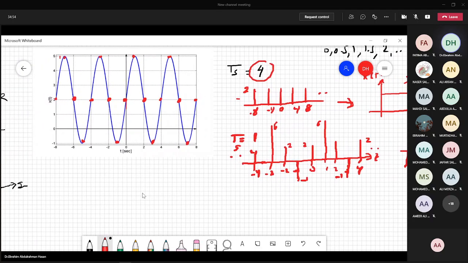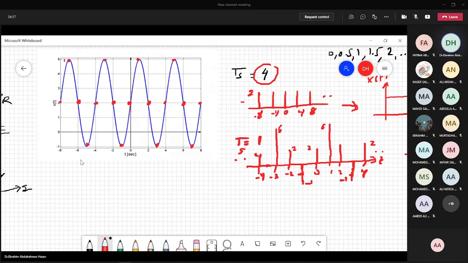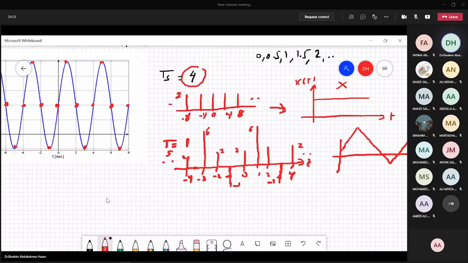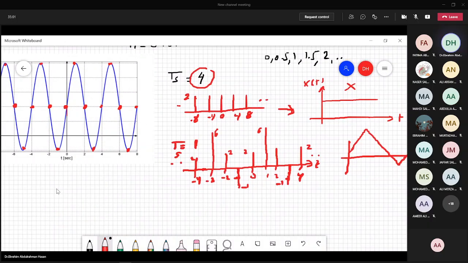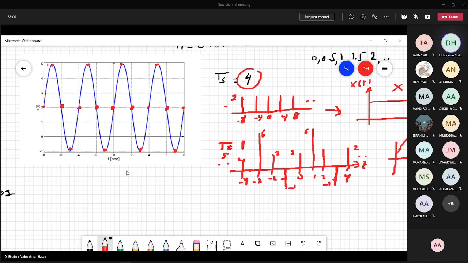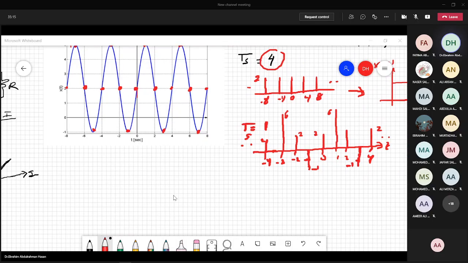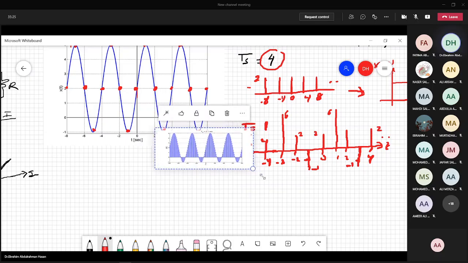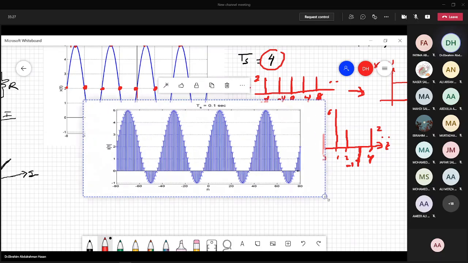So what to do? Take a smaller Ts. So instead of taking 1, take 0.1. Take 0.1, you will get this.